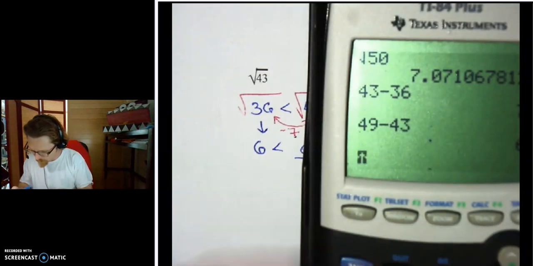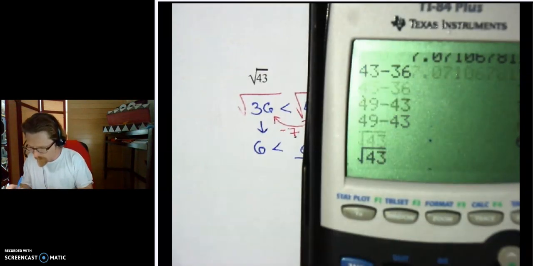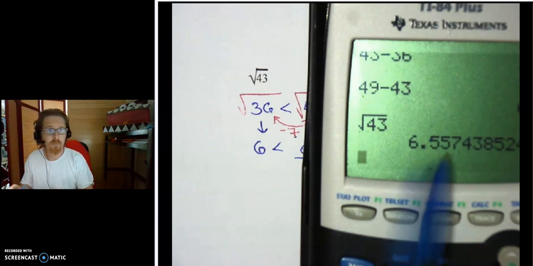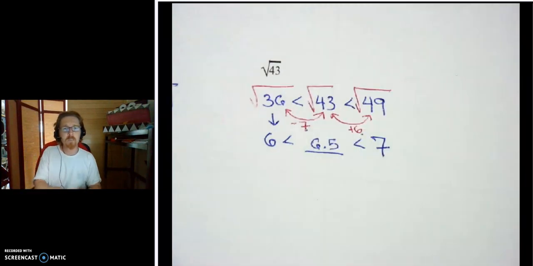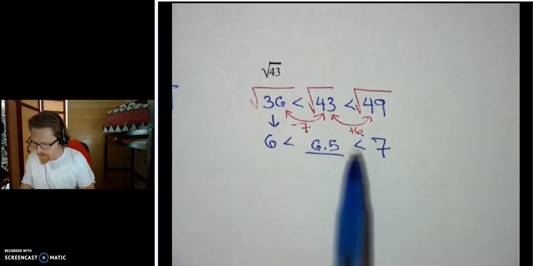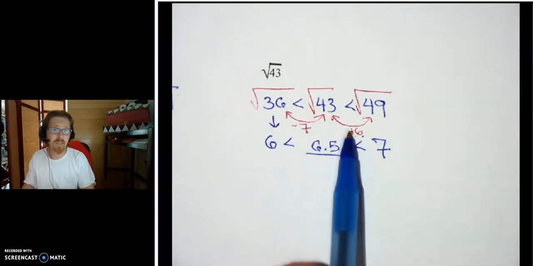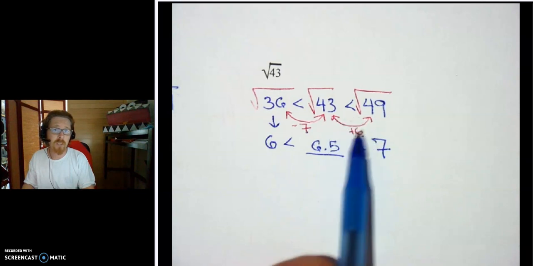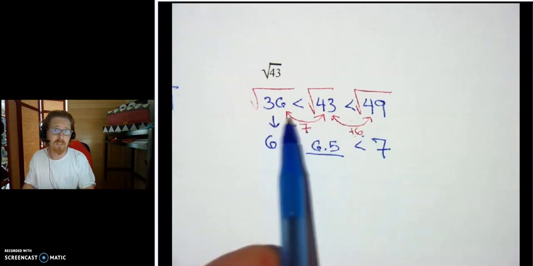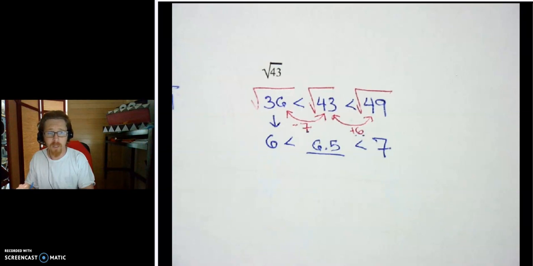The square root of 43 is 6.55. So because it's 6.55, we could say that maybe we could call it 6.6 because it is a little closer to 49 than it is to 36. Again, it's not exactly halfway, but I think this is a really good answer.